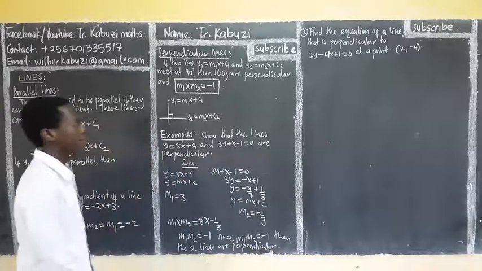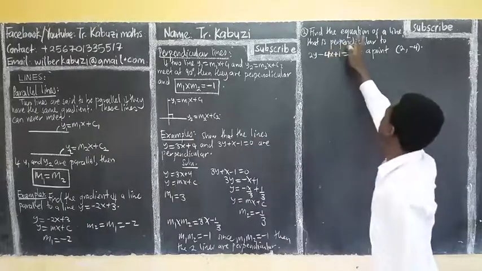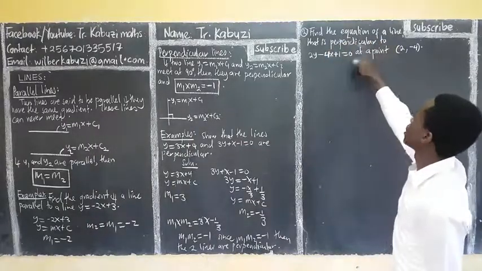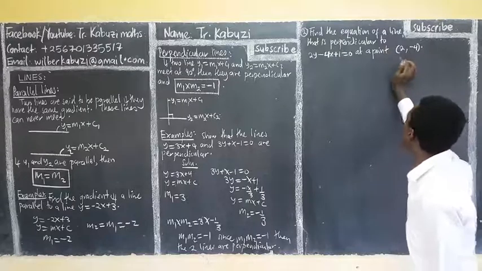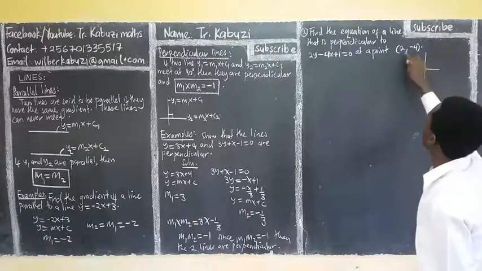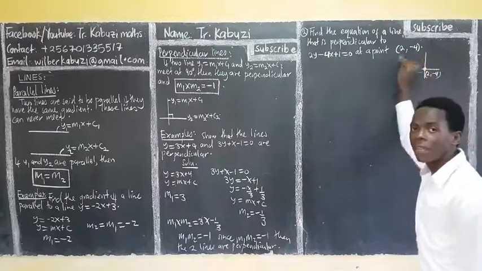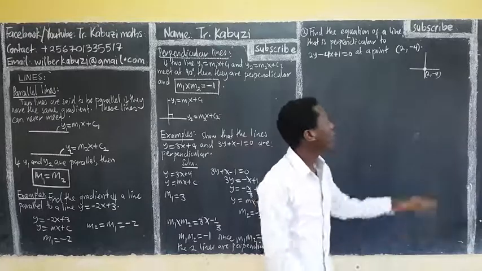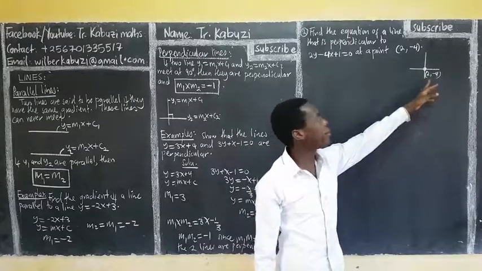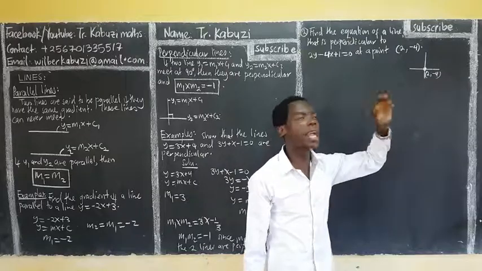As simple as that. Then when you come to this, look at this. Find the equation of a line that is perpendicular to this at this point. It means that the equation we want to find is for a line that is perpendicular to this line at the point 2, negative 4. In simple terms, they are giving you a point where those two lines intersect, and always that point is on both lines.